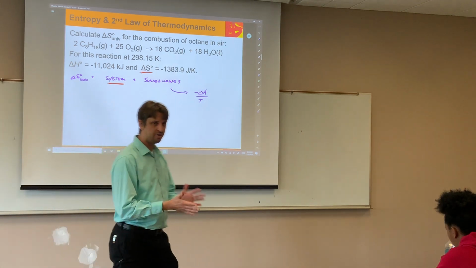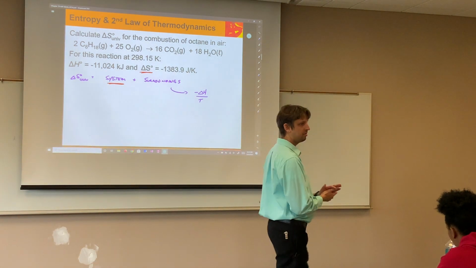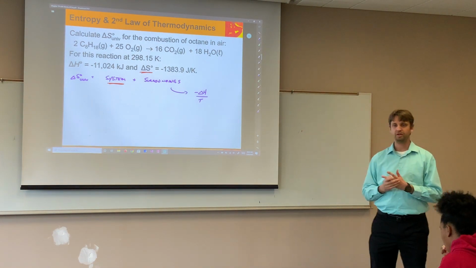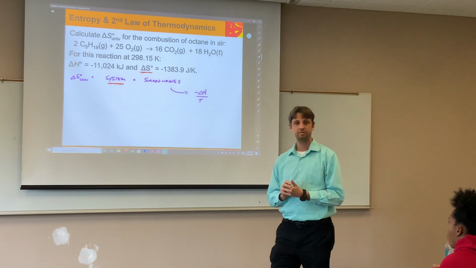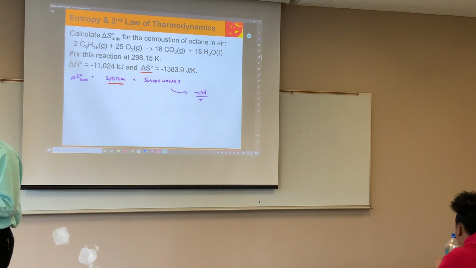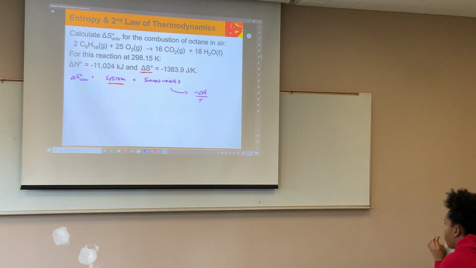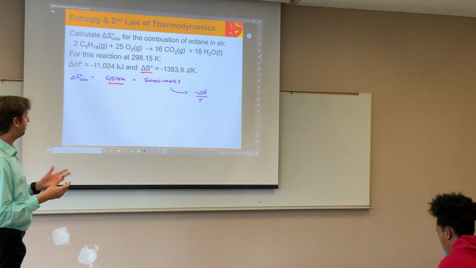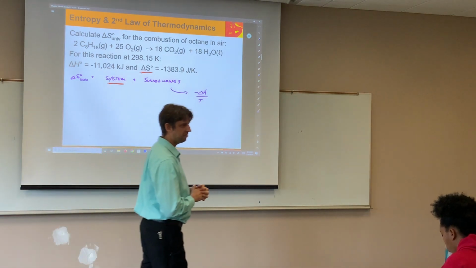Something important to pay attention to in every single problem that you work in Gen Chem: delta H is in units of kilojoules, and delta S is in units of joules per Kelvin. So make sure you convert either joules to kilojoules or kilojoules to joules.